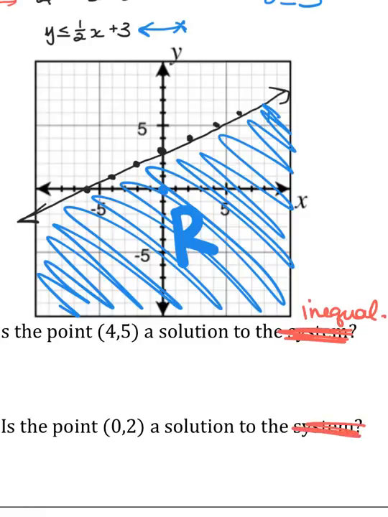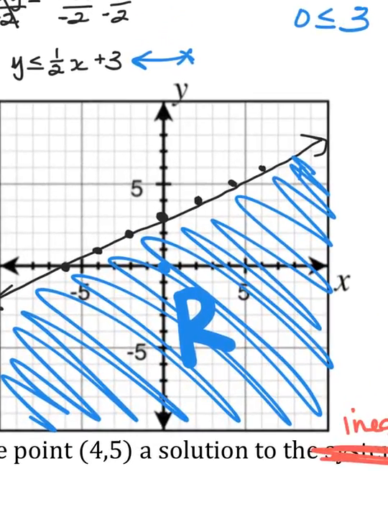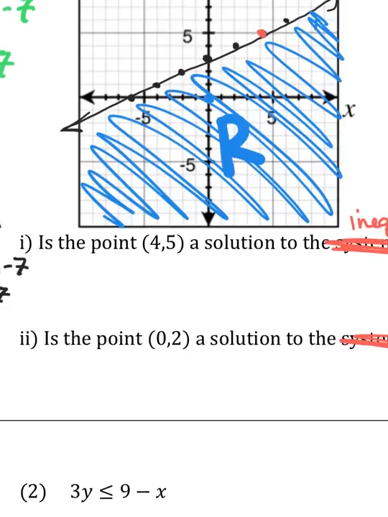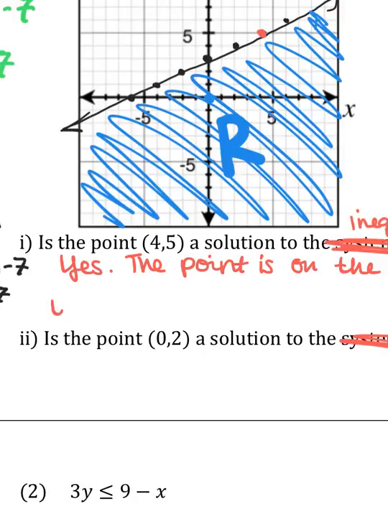Same thing here. So I'm going to check my point 4, 5. So again, the point is on the line, but the line is solid, which means I'm including those points. So I'm going to say yes. The point is on the line, which is solid.